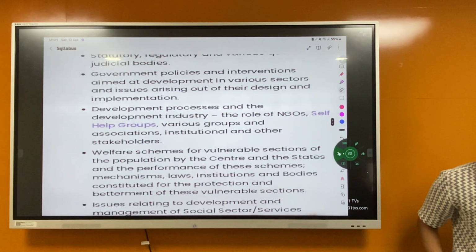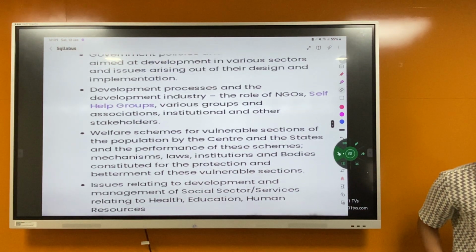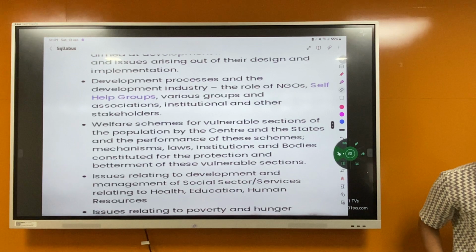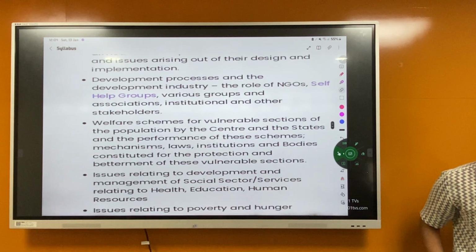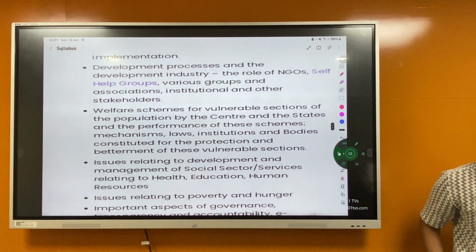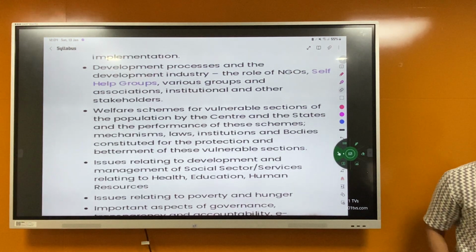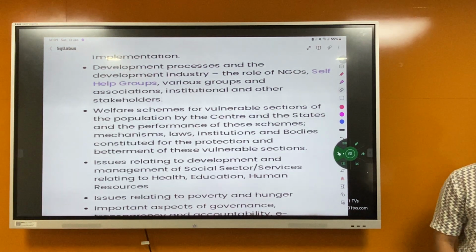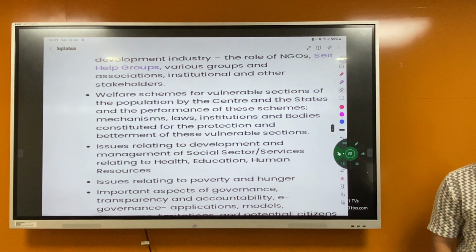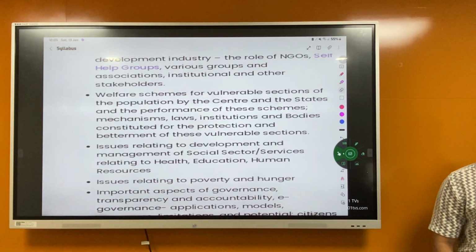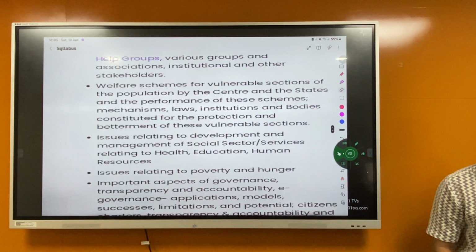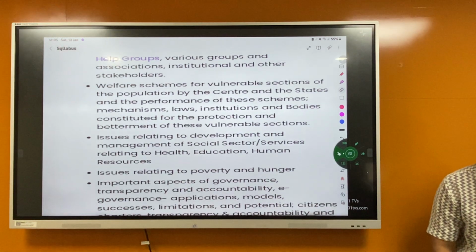institutional and other stakeholders. Welfare schemes for vulnerable sections of the population by the Centre and the states, and the performance of these schemes, mechanisms, laws, institutions and bodies constituted for the protection and betterment of these vulnerable sections. Issues related to the development and management of social sector, services related to health, education, human resources.